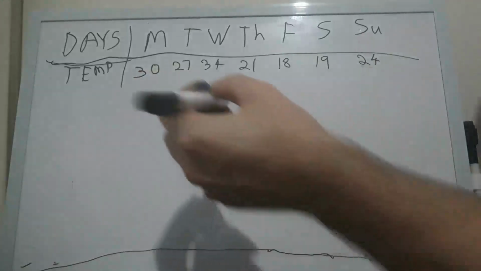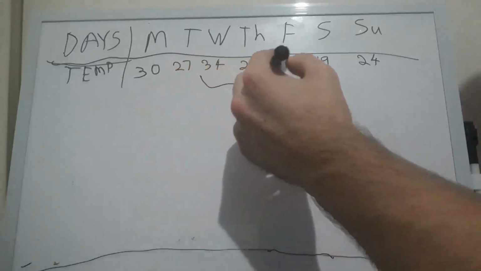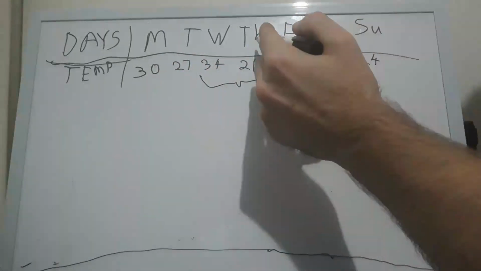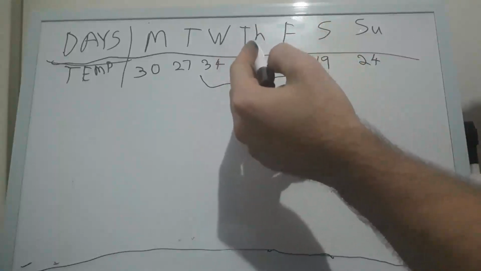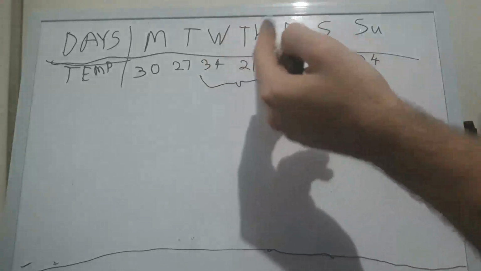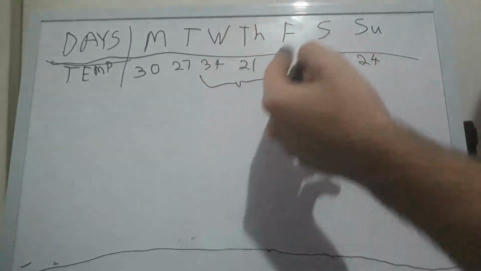So let's say they want the 3 mean average of Thursday. You would look at the data point one to the left and one to the right of Thursday. That's 3 data points, with Thursday in the middle. So we're caring about Thursday.